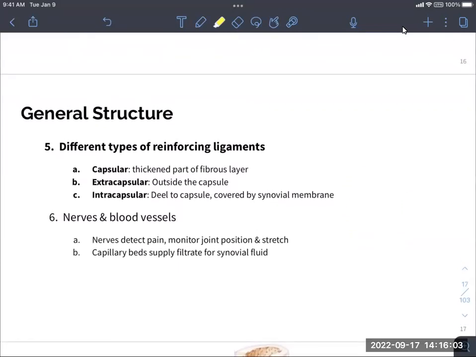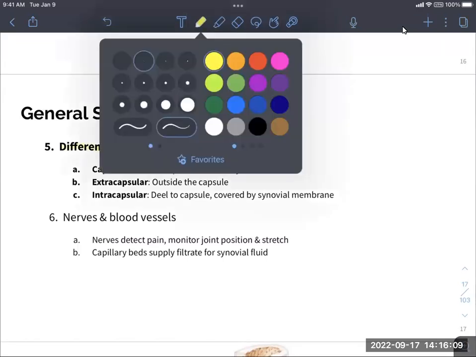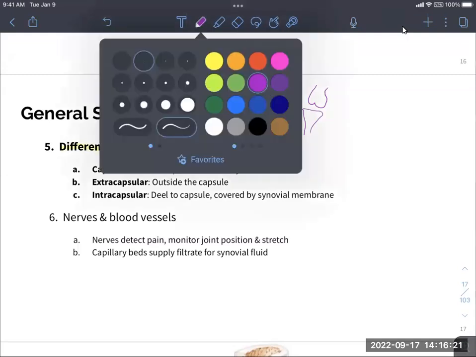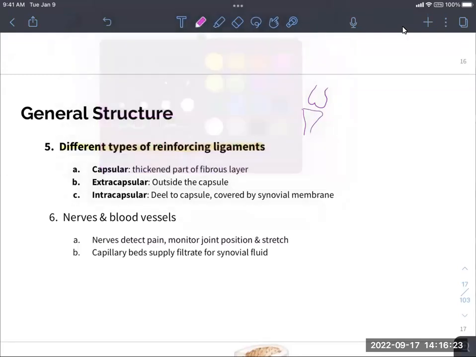There's different kinds of ligaments that help to reinforce the joint. Let me redraw my joint here. Part of the bone and then part of another bone together. Like this, if this was my knee, they have ligaments right here, right here.